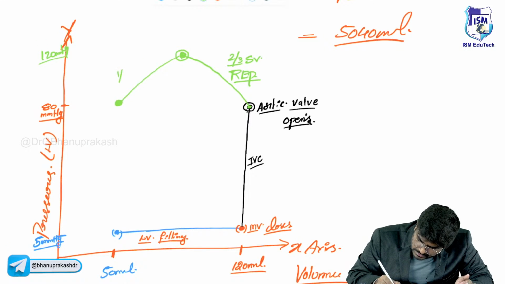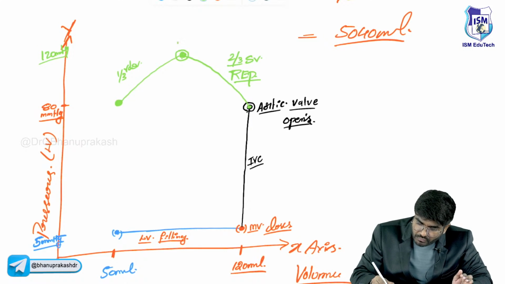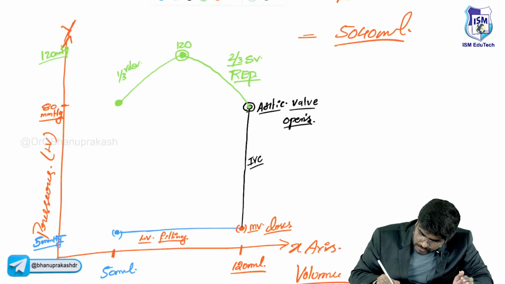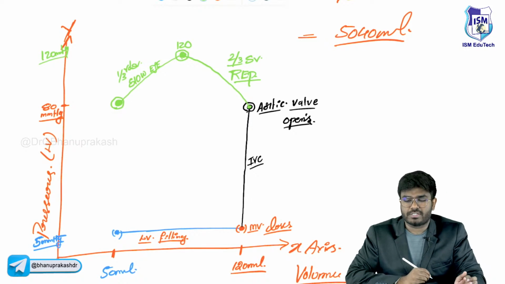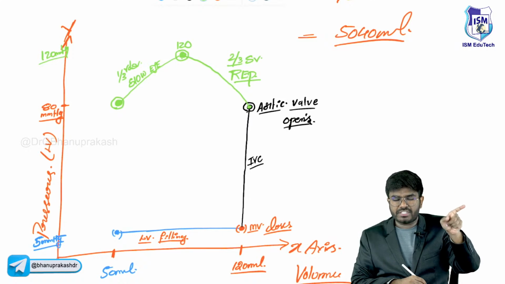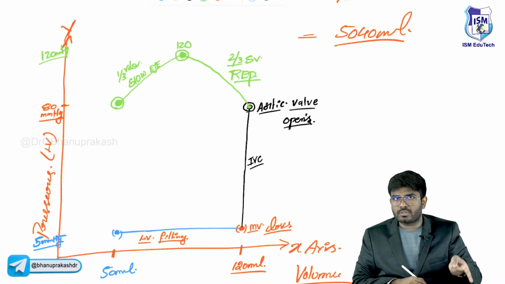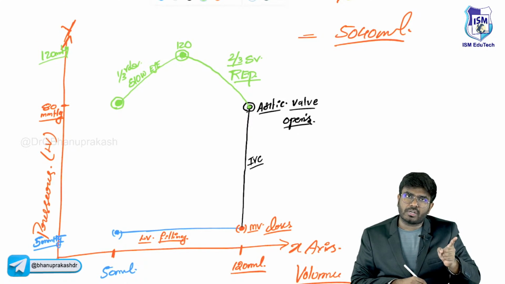So this is 1/3 of the stroke volume being ejected. The pressure from 120 is coming back to 80. Excellent Varun Kashyap, this is called slow ejection. Rapid ejection, slow ejection: 2/3 of the stroke volume, 1/3 of the stroke volume.